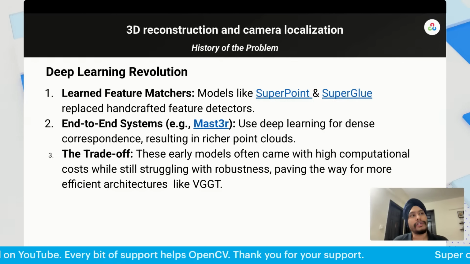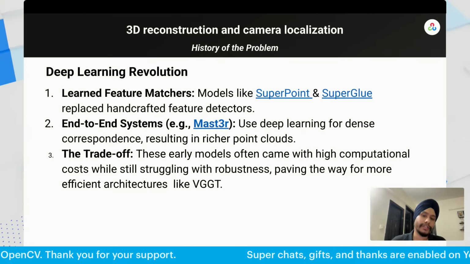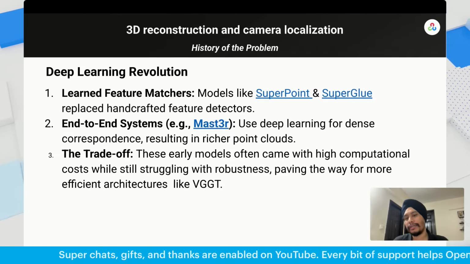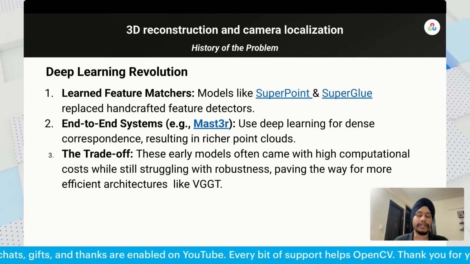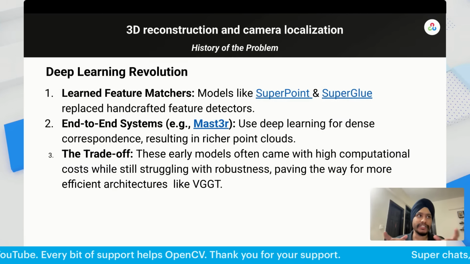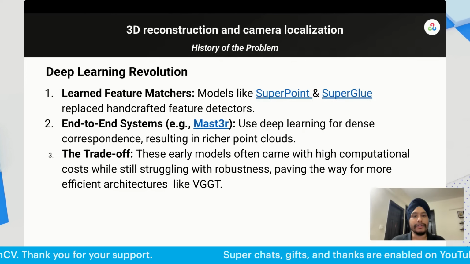When we try to do it in deep learning, models like SuperPoint and SuperGlue came into existence, which are deep learning based key point detectors. So it identifies a point, and the descriptor is basically a vector or an embedding generated by a deep learning model.